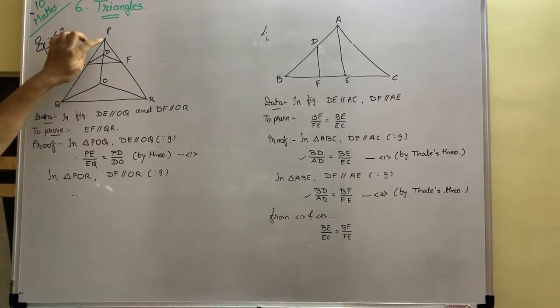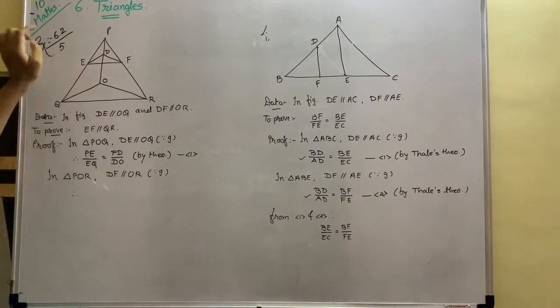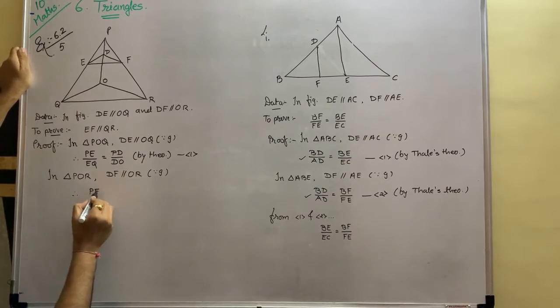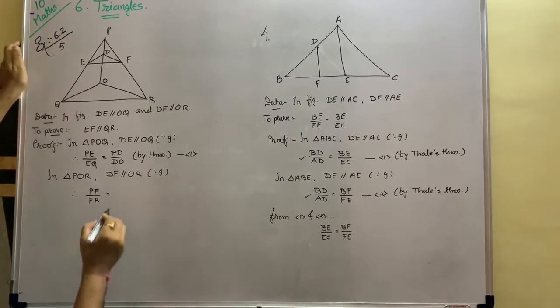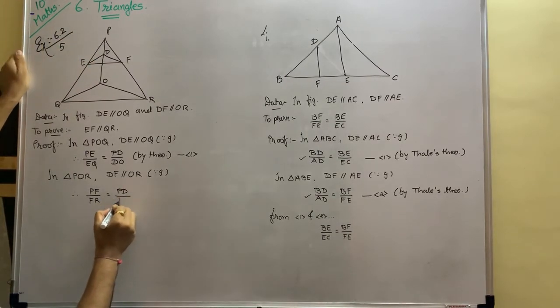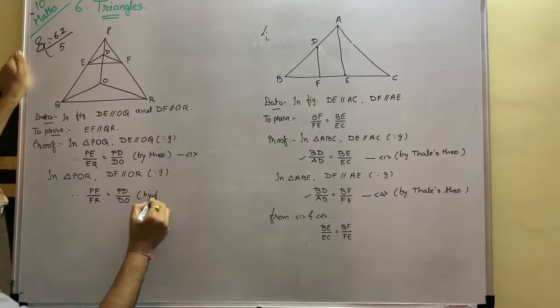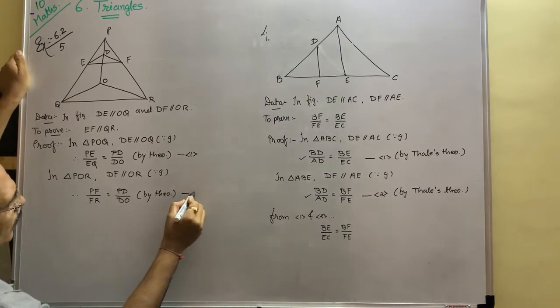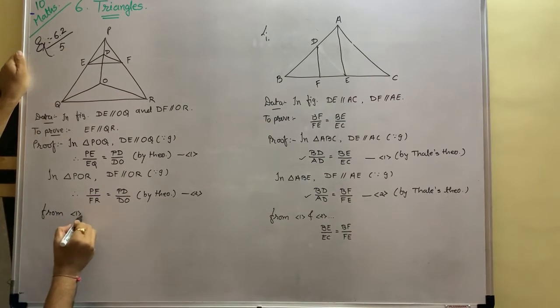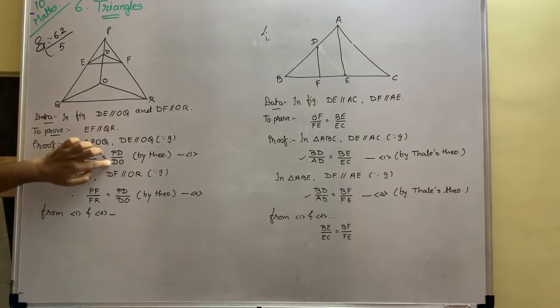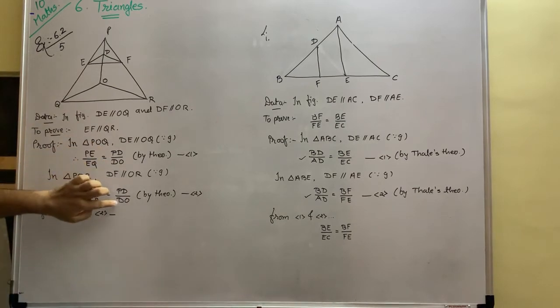Therefore, PF upon FR is equal to PD upon DO by Thales theorem. Result number 2. From 1 and 2, PD upon DO on the right side, here also PD upon DO.